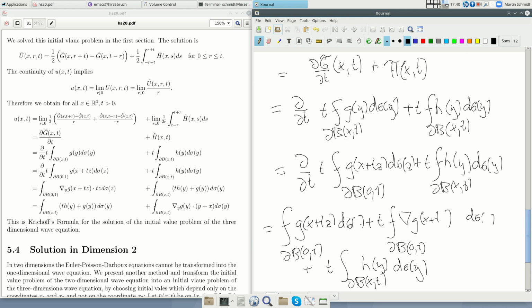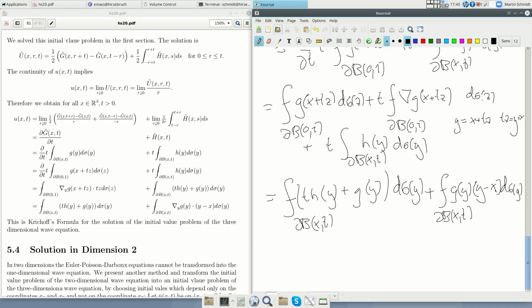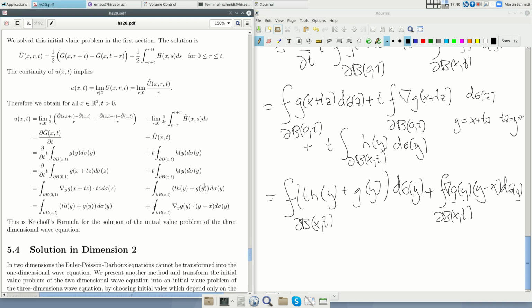So we have z, d sigma of z, and then we clearly have, also, if y is equal to x plus t z, then t z is equal to y minus x. For this reason we have here this, and here is missing the gradient. And this gives now this formula.